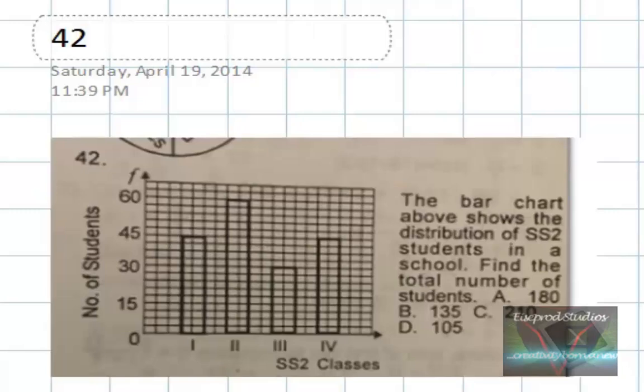Question 42 shows us a bar chart, and it says that it shows the distribution of SS2 students in a school, and it says to find the total number of students. So all we have to do is look at where the bars line up according to the numbers, and then add up those numbers.